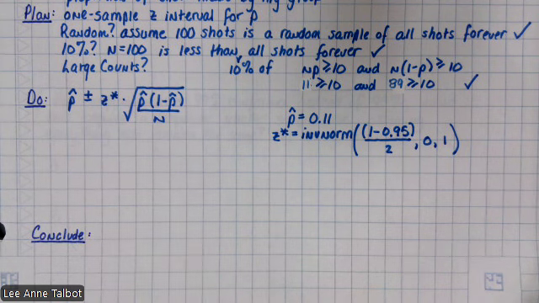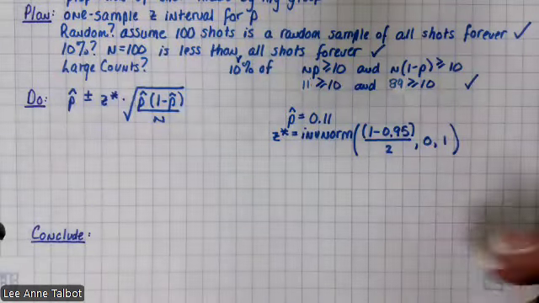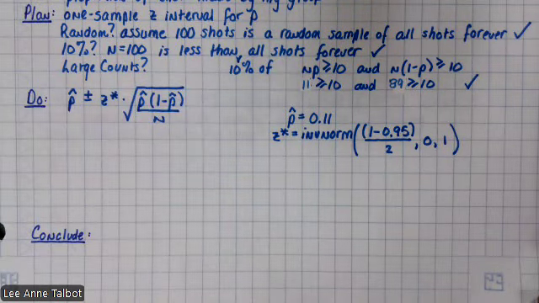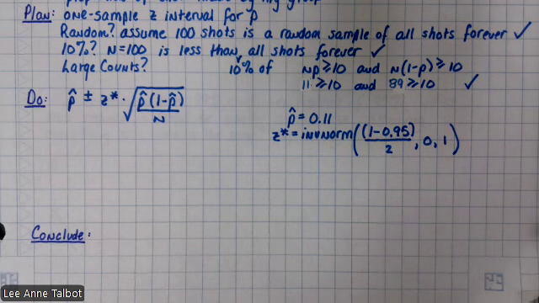That was from my stuff. You guys should use your own number. I just need something to plug in there. Everyone should have the same Z star though. It should be 1.96. Did you not get 1.96?